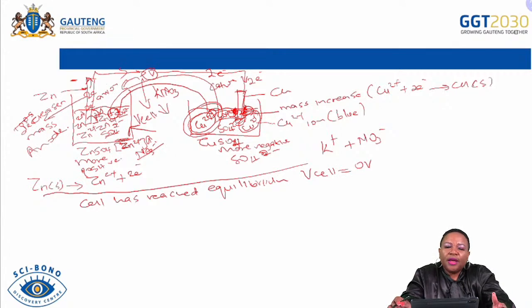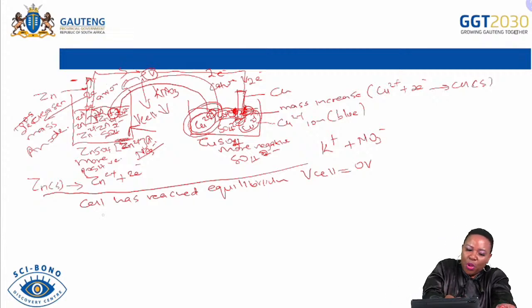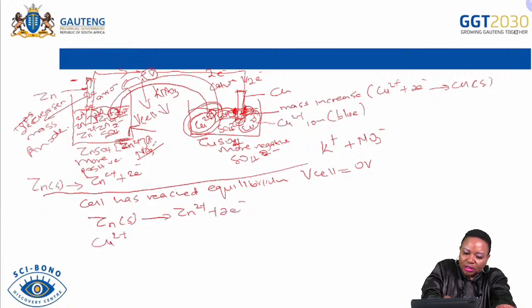So what happens immediately when you start to connect your circuit? We have zinc losing electrons to give Zn2+ plus 2 electrons. We have aqueous Cu2+ ions gaining the electrons coming from zinc and giving us what? Cu solid.